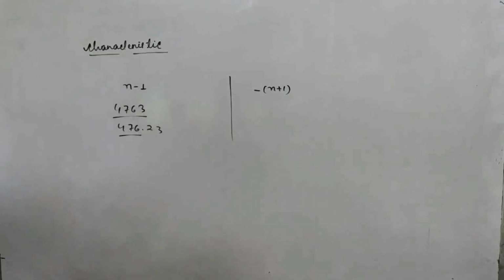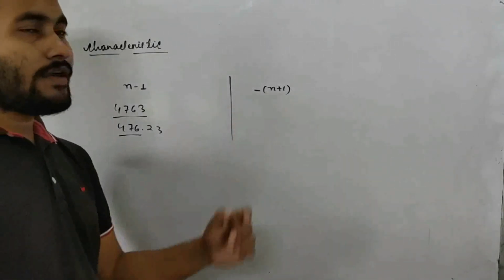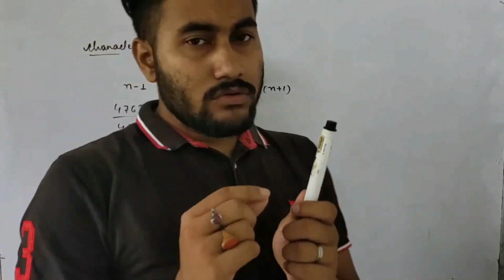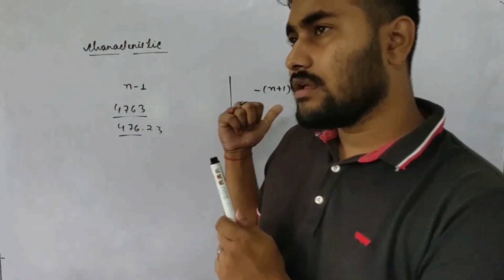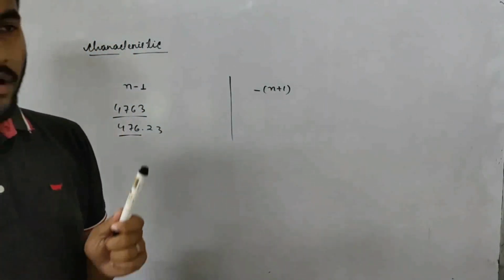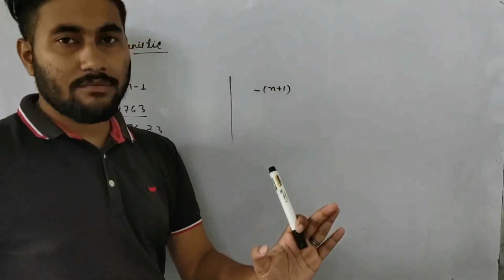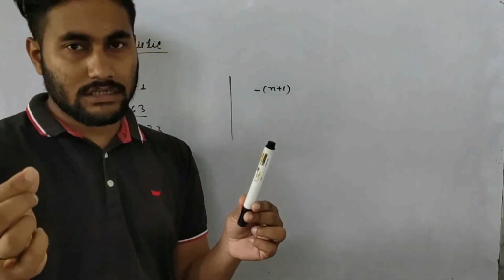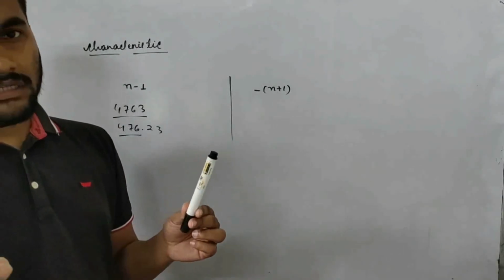Next one is minus of n plus 1. Here the value of n is the number of zeros in the fractional part, between the point and the first significant digit.